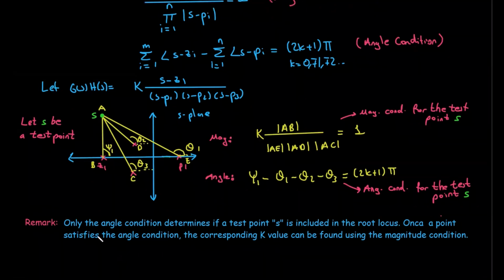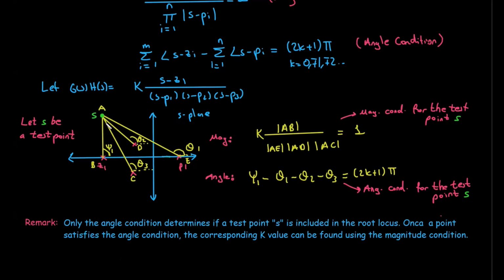So I would like to read out this remark to begin today's lecture. In this remark, I claim that only the angle condition determines if a test point S is included in the root locus. Once a point satisfies the angle condition, the corresponding K value can be found using the magnitude condition.